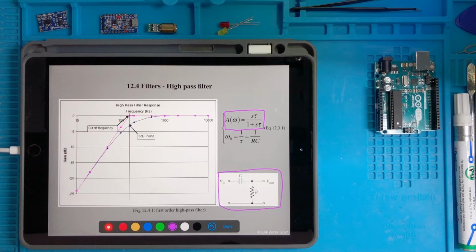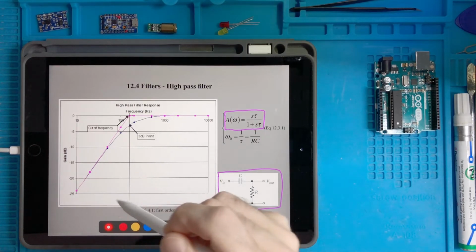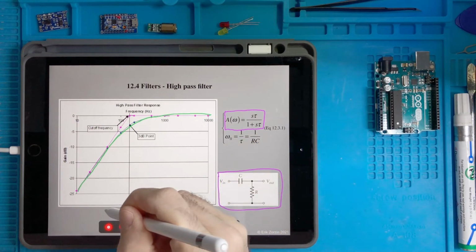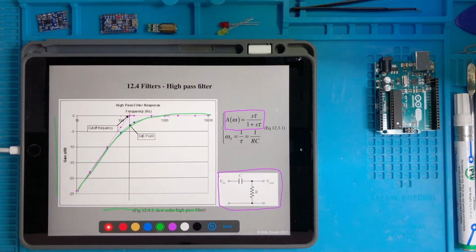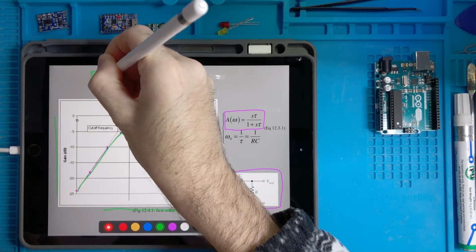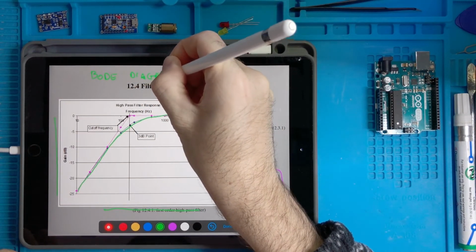And if we compute the magnitude of this thing and we plot it, then we will have this time this plot in a logarithmic scale. Those plots are sometimes also called Bode diagrams.